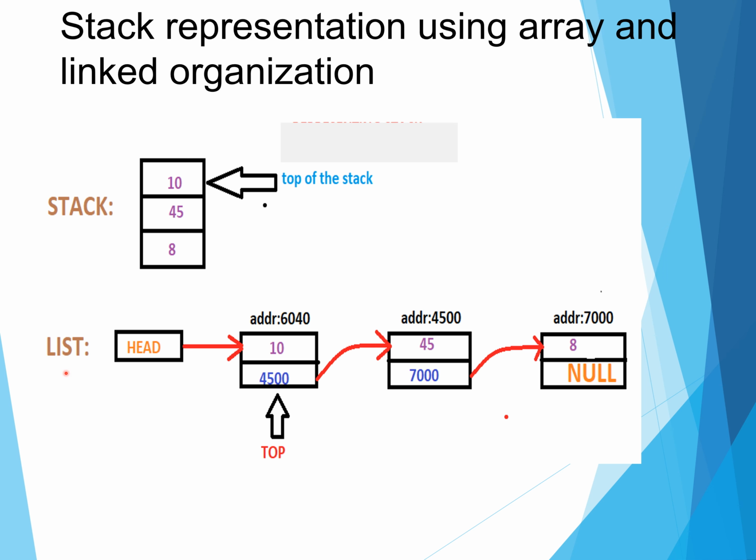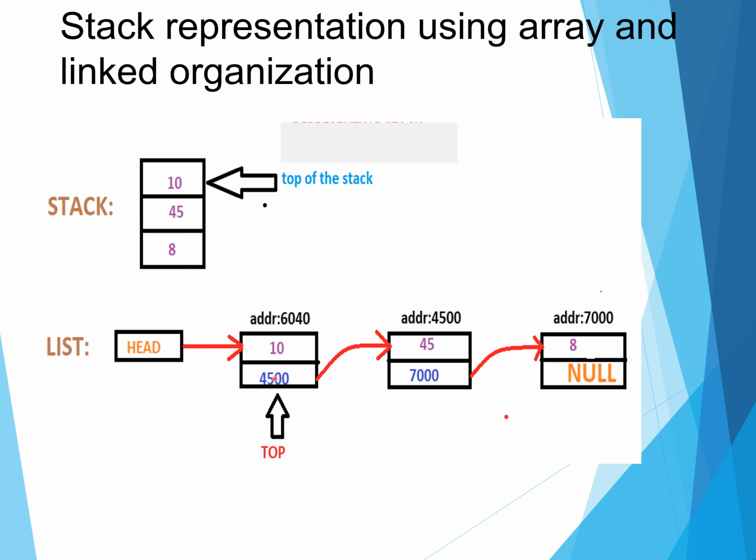Using a linked list, which is a collection of nodes, the nodes are connected with each other. If you want to add three elements, we create three nodes with the values 10, 45 and 8. Every node has two fields, the data field and the address field.